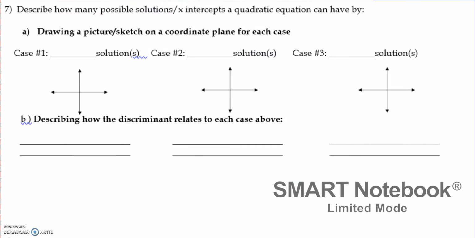Now, the last problem I'm going to do in this video is number 7, and it asks this. Describe how many possible solutions, or x-intercepts, or roots, a quadratic equation can have. As soon as you see the phrase quadratic, that means it's automatically a parabola. So I know that eventually, because it's asking me to draw below, I need to draw a parabola.